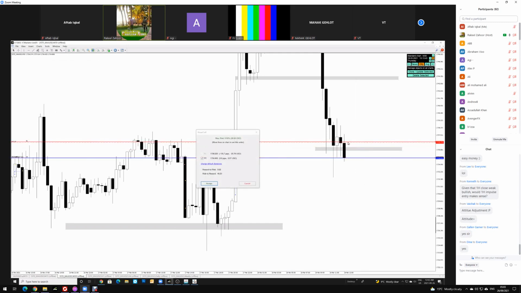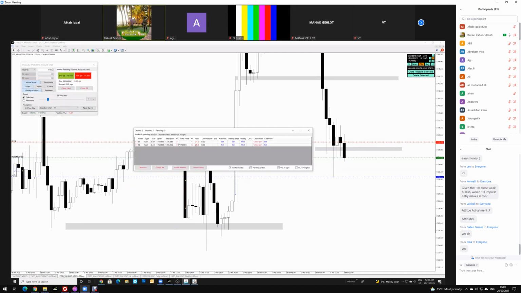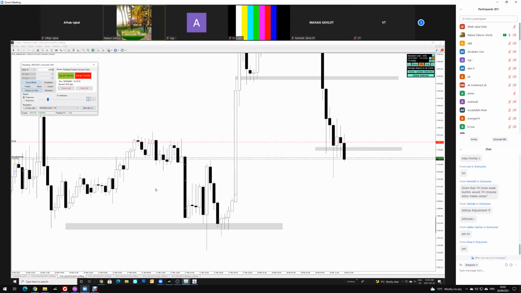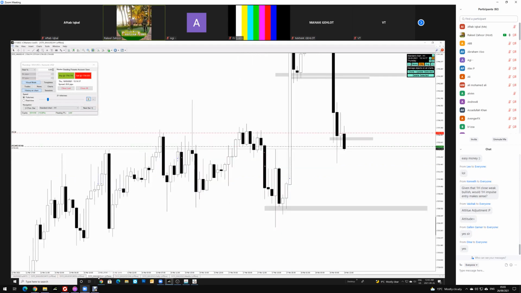Yeah, makes sense. Okay, remove take profit. Perfect. Dynamic entries, right? Perfect. So we added a position. We should continue pushing bearish over here.